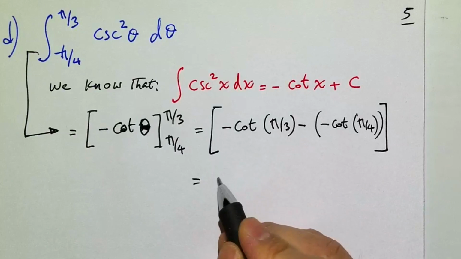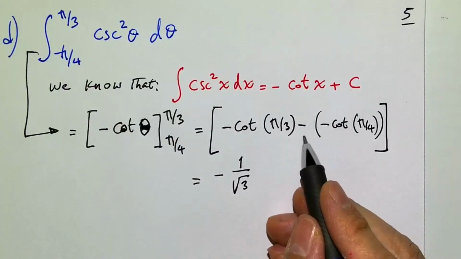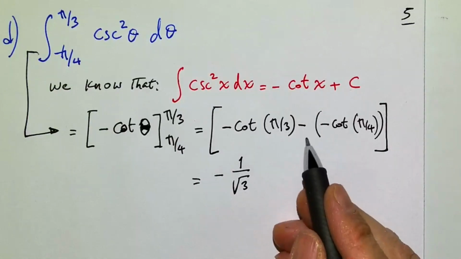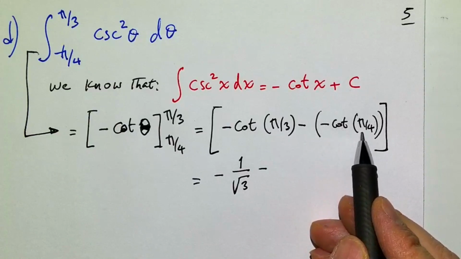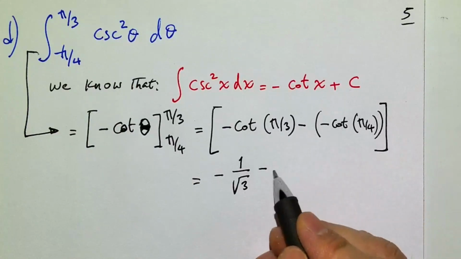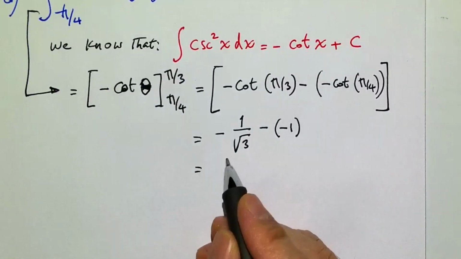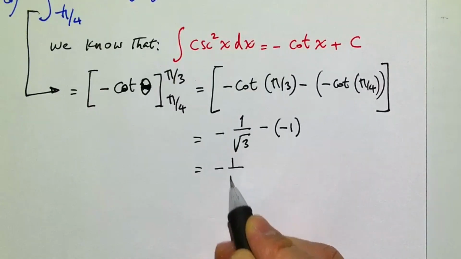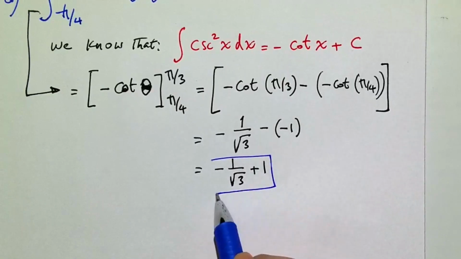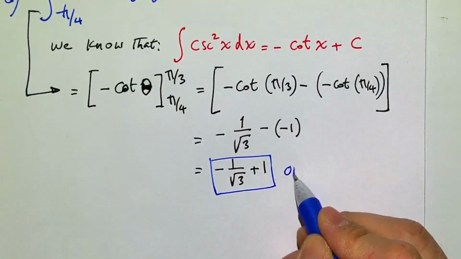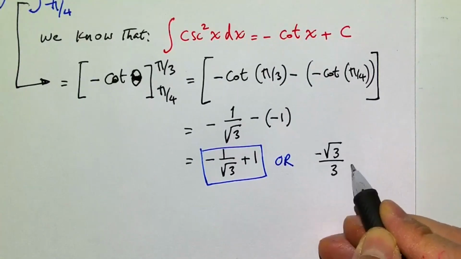So we can say minus 1 over square root of 3, and then minus cotangent of pi over 4, which is 1, with this minus 1. So we have minus 1 over square root of 3 plus 1, or you can say minus square root of 3 over 3 plus 1.